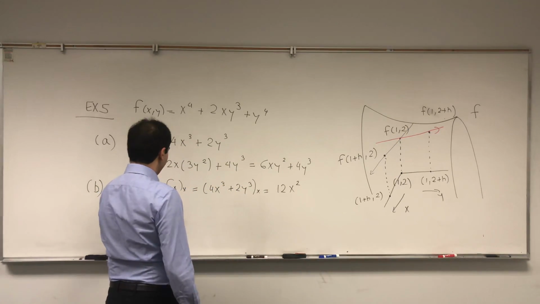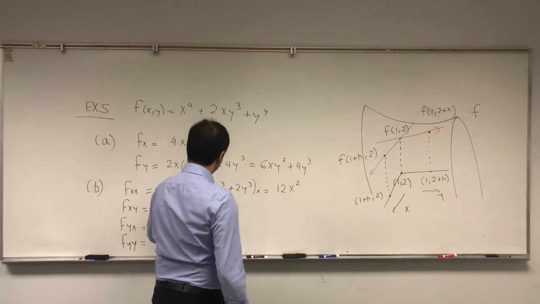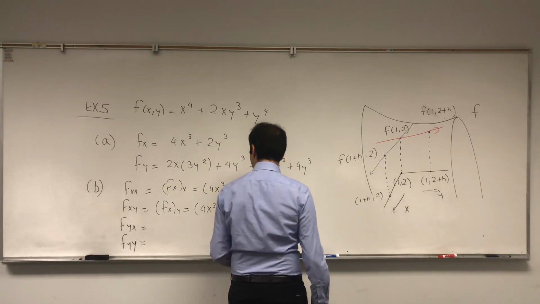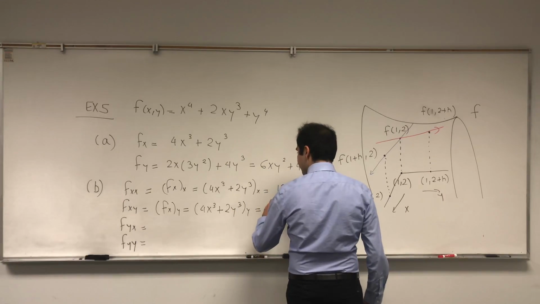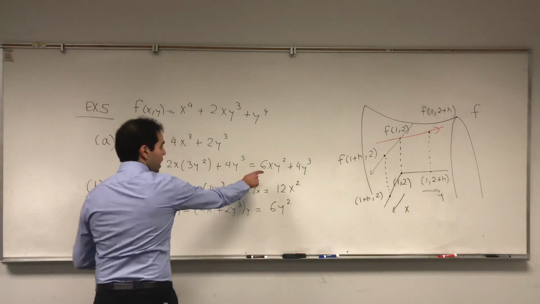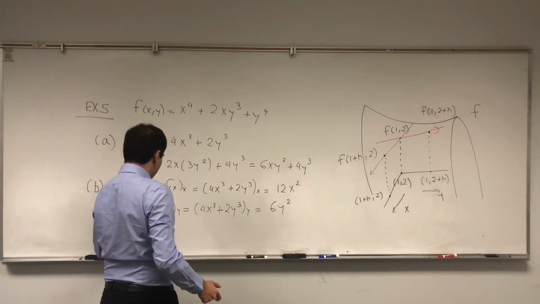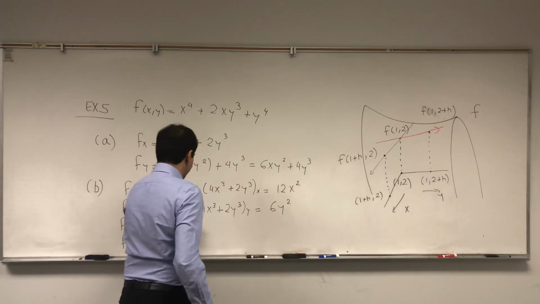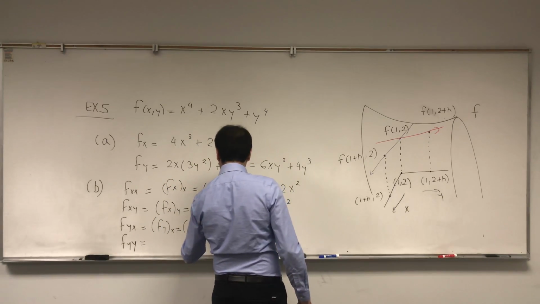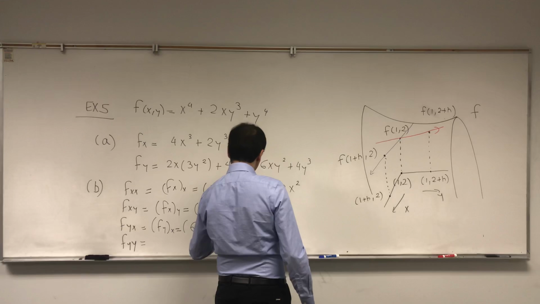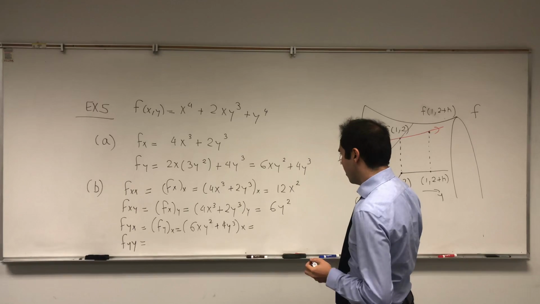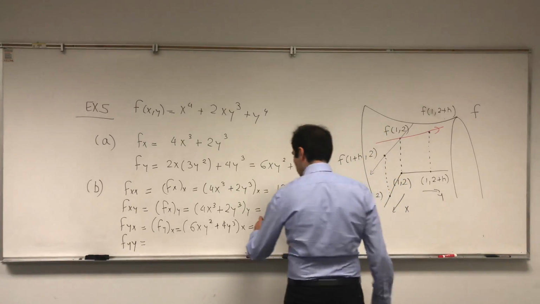And now do the same thing with respect to y. So 4x cubed plus 2y cubed with respect to y. I believe all you get is 6y squared. And now let's do f_yx. That becomes 6xy squared plus 4y cubed with respect to x, and I believe what this becomes is 6y squared.